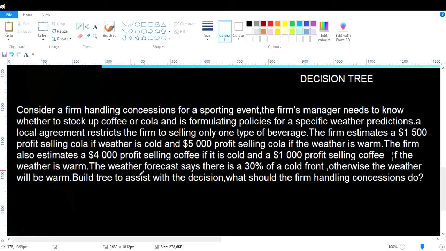The weather forecast says there is a 30% chance of a cold front. Otherwise, the weather will be warm.